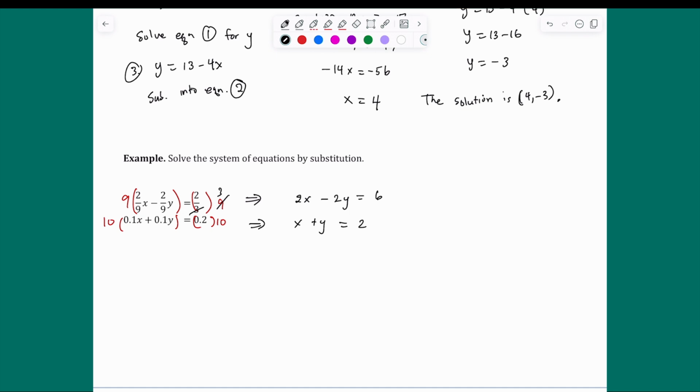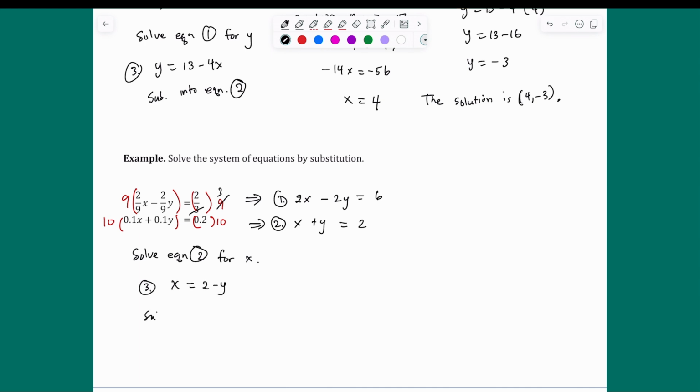Alright, so now we have a new equation here, equation 1 and equation 2. I'm going to go ahead and solve equation 2 for x this time. Okay, so that would give me a new equation, the substitute equation. I'm going to call that equation 3, and x would equal 2 minus y.